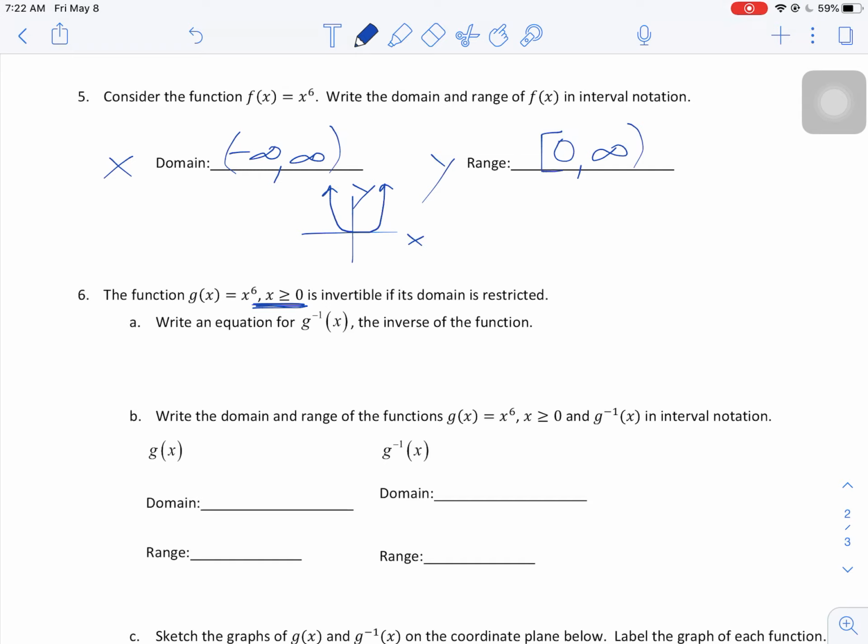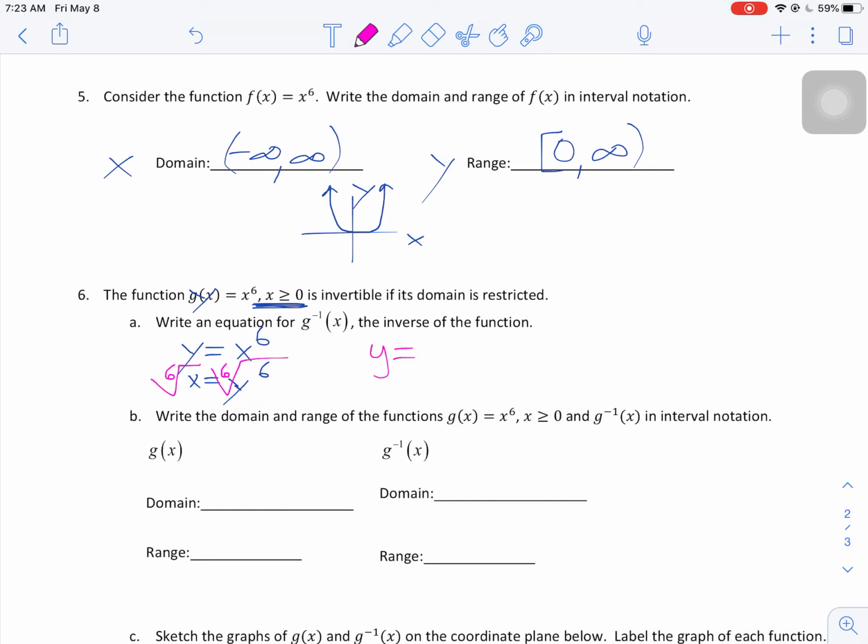So remember, with inverses, you let g of x equal y, because those are essentially the same thing, just a notational difference. And then your first step with finding an inverse is switching your x and your y like that, and then you're supposed to solve for y. So the only way to get rid of something raised up to the 6th power is to take the 6th root. And normally when we introduce a root into an equation that has an even index, we add a plus minus symbol.